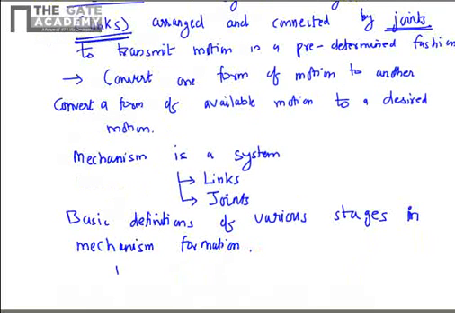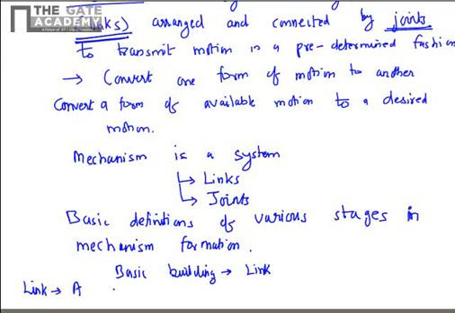The basic building block is the link. A link is defined as a rigid body. So no internal movement of flexing or buckling of that component is allowed in mechanism analysis. When it is considered as a link in a mechanism, the body should be rigid.